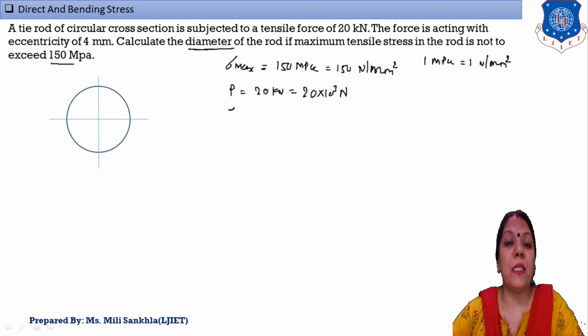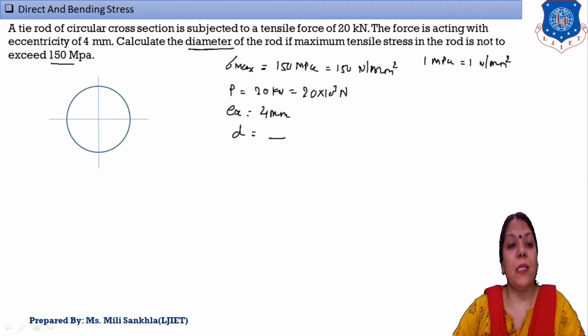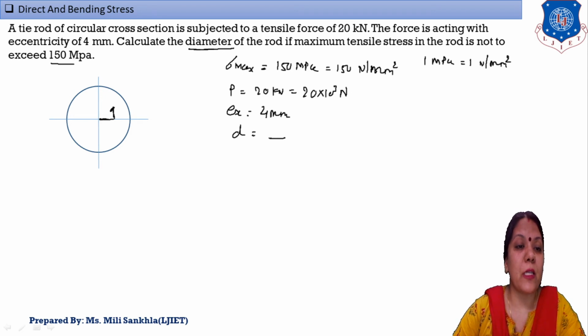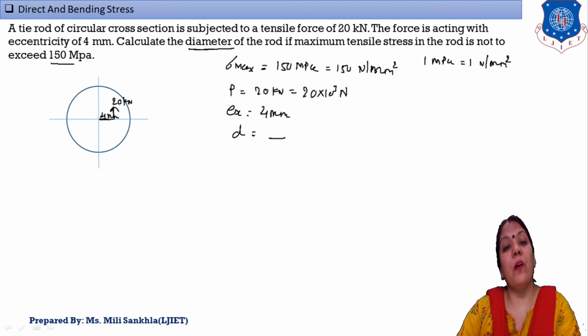And eccentricity Ex is given 4 mm. The unknown value is the diameter. Eccentricity and force load is given, that is tensile, that means away from the axis, and this eccentricity is given 4 mm.